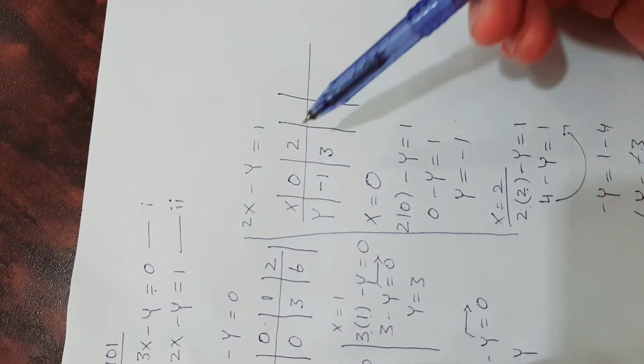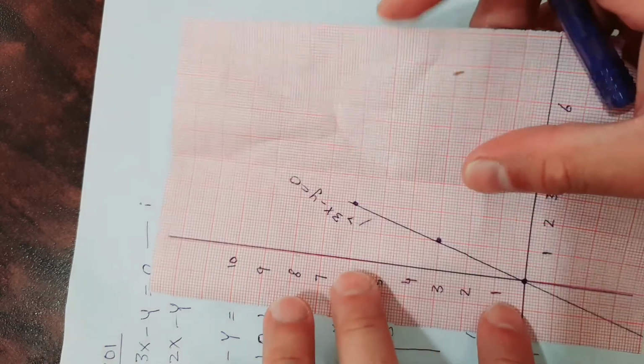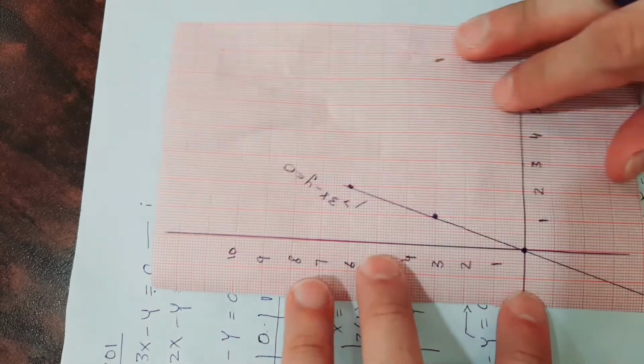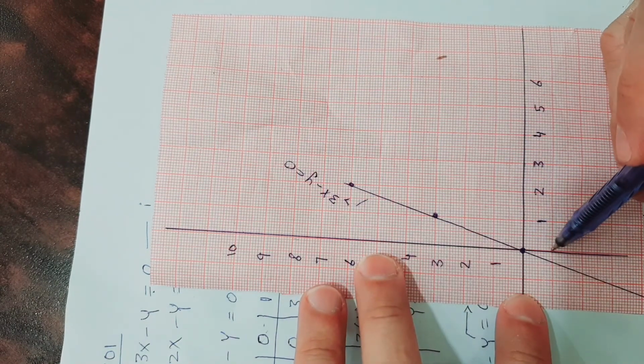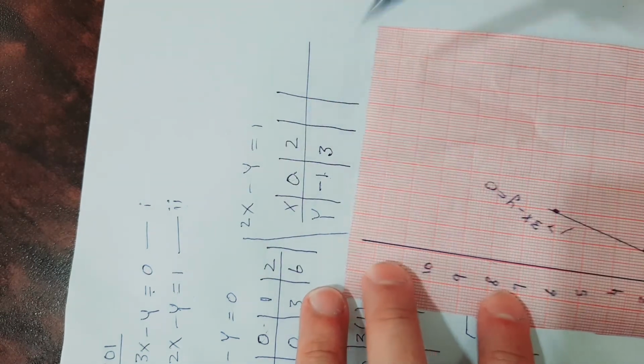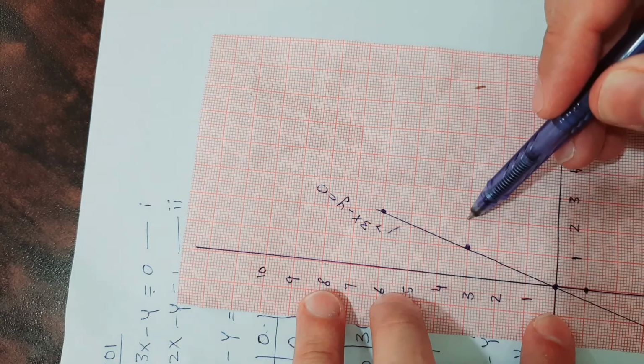Now you can plot these 2 points on your graph for the second equation. This is your graph. When x is 0, y is minus 1, over here. And when x is 2, y is 3. When x is 2, y is 1, 2, 3.